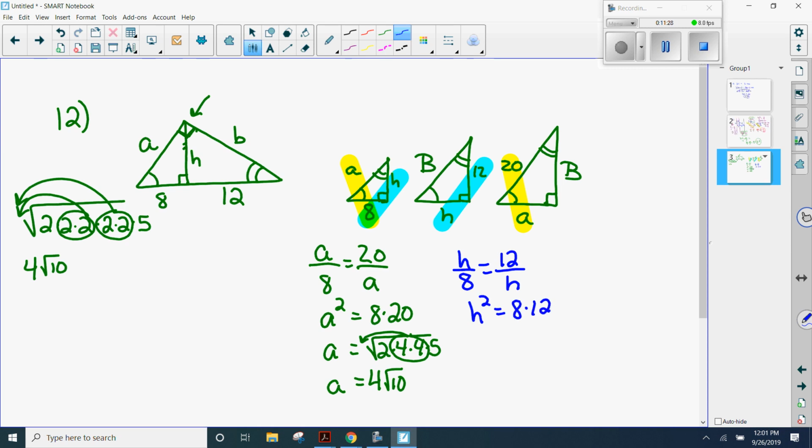If you want to put 96, that's fine, and then do prime factorization. So H is equal to the square root. 8 is 2 times 4. 12 is 4 times 3. You have a pair of 4's. So what is H equal to? 4 radical 6.